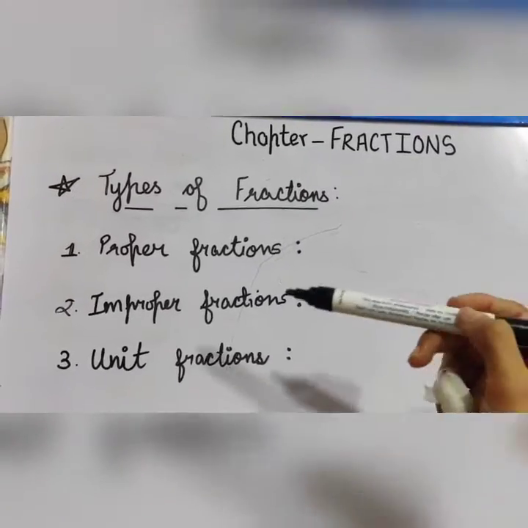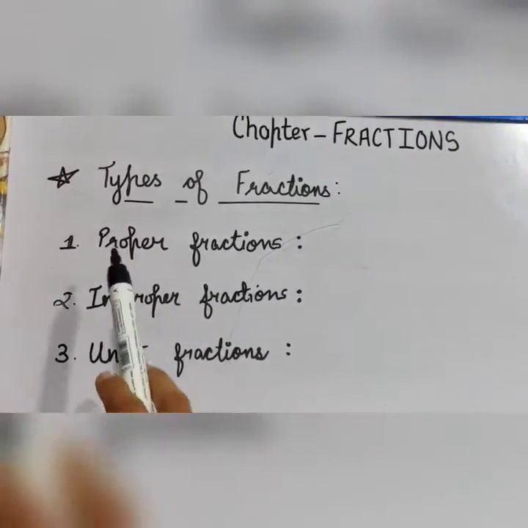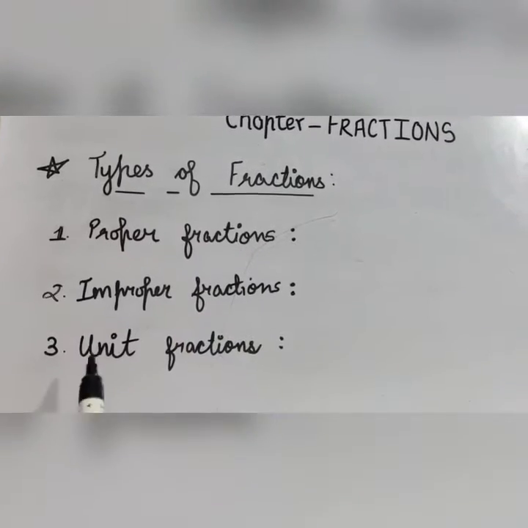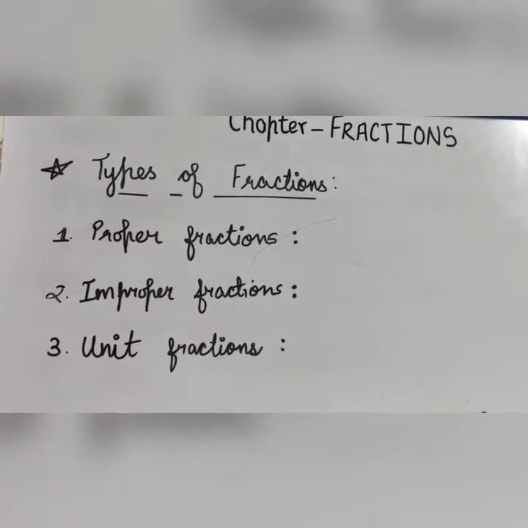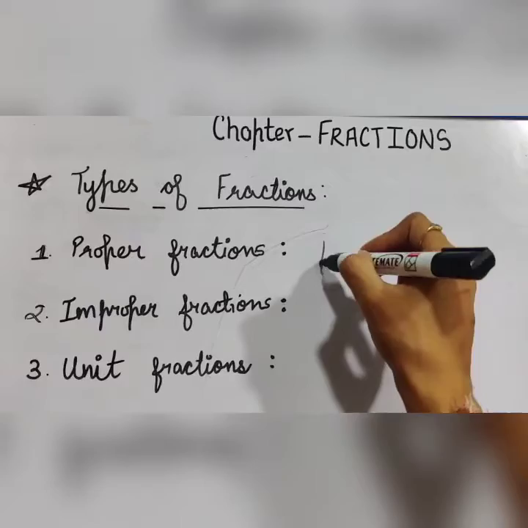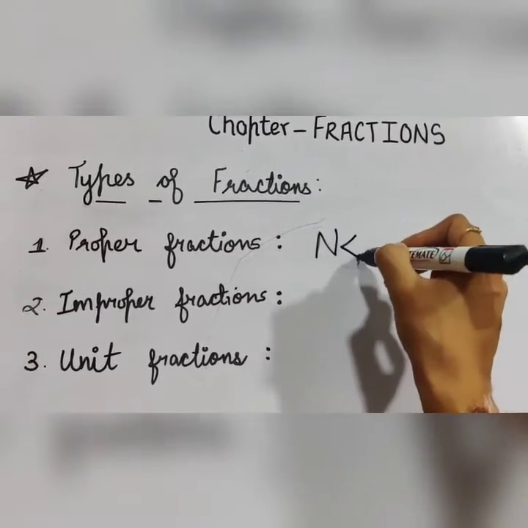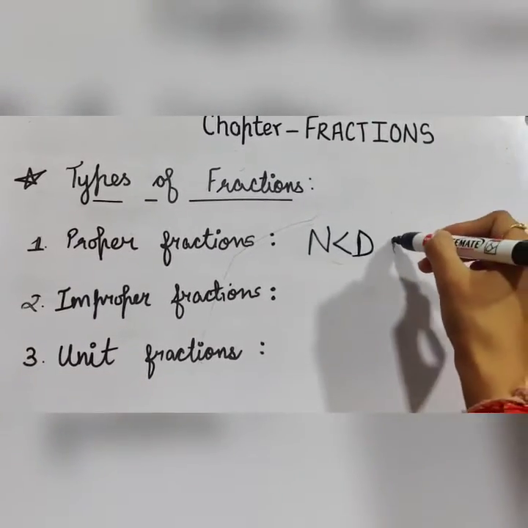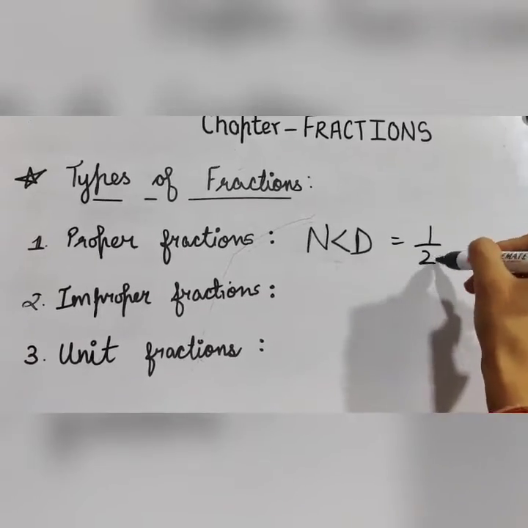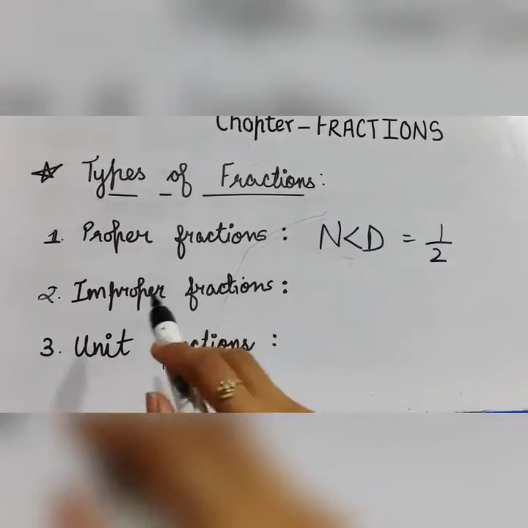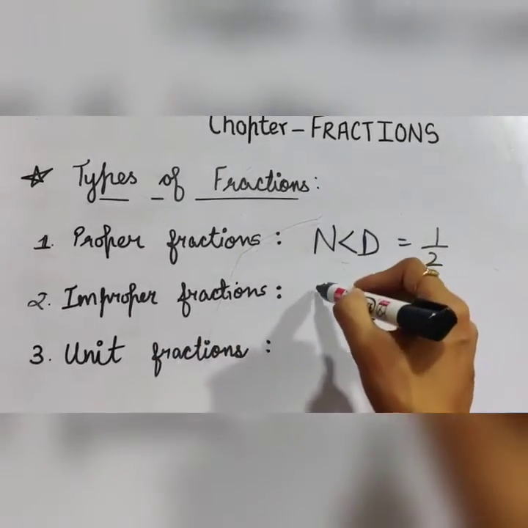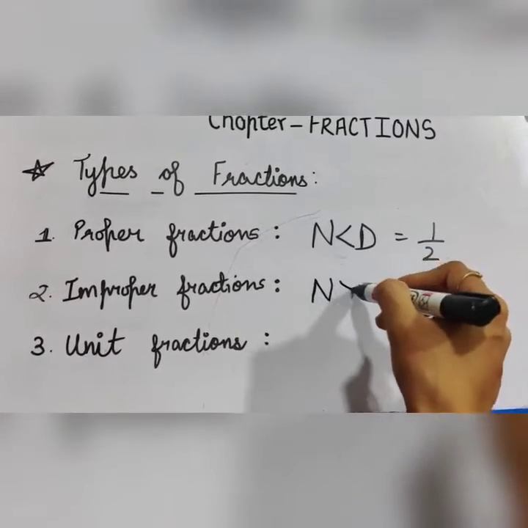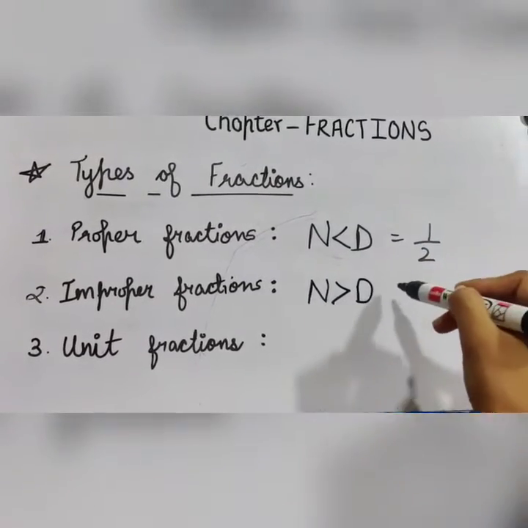So we have understood 3 types of fractions: proper fractions, improper fractions and unit fraction. So proper fraction is whose numerator is smaller than the denominator. For example 1 by 2. Improper fraction is the one whose numerator is greater than the denominator.